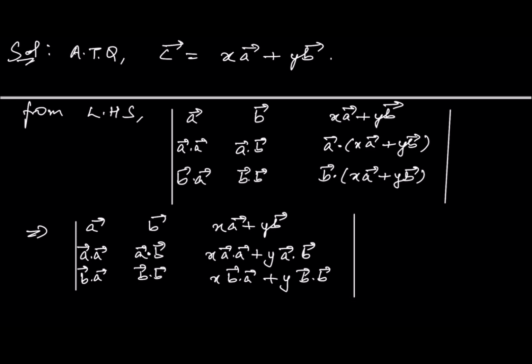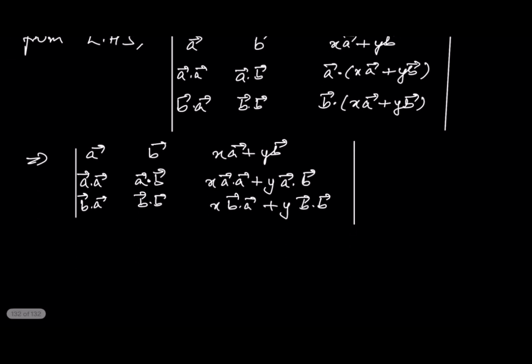Okay, now we will use an operation: change in column 3, and the change is C3 minus xC1 minus yC2.